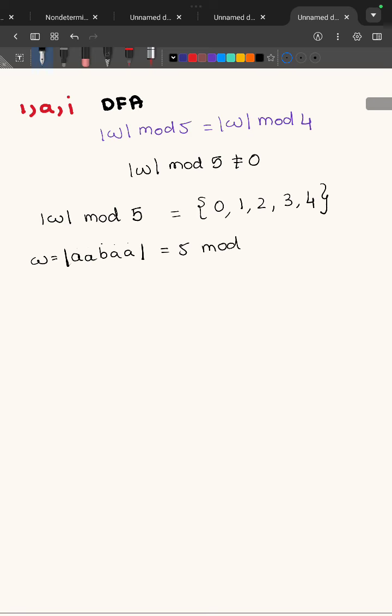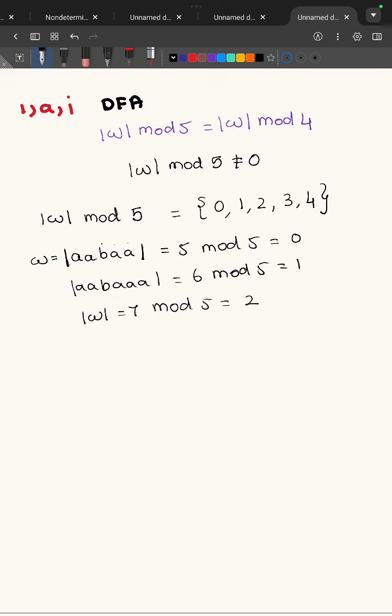5 mod 5 becomes 0. If the length of the string is 6, then 6 mod 5 is 1. 7 mod 5 will be 2.